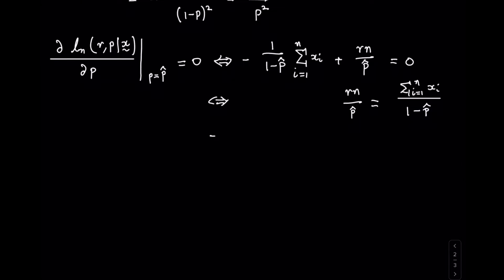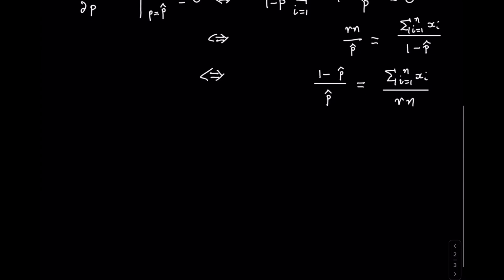So after some rearranging, we can take our r and our n to this side and our 1 minus p to that side. That way we isolate the 1 minus p. So we've got 1 minus p hat all over p hat is equal to the sum of i equals 1 to n of xi over Rn.